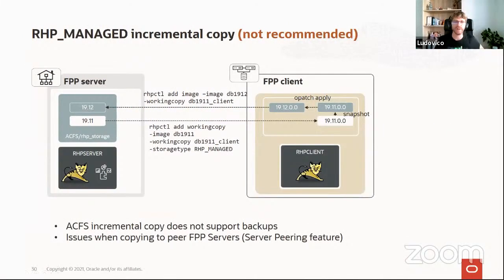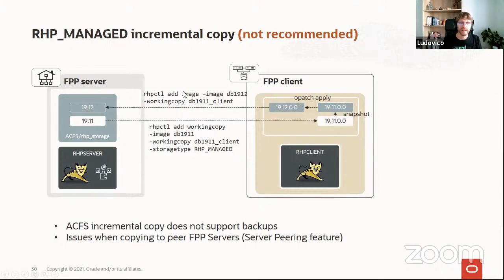So that allows to do this kind of workflow. You can have, for example, you start here with the 19.11 gold image. You can deploy this 19.11 image as a working copy on a client, and you will have this snapshot as Oracle Home. Now, if you patch in place yourself with patch apply and you patch to 19.12, you see that this is a read-write snapshot, and all the differences between 19.12 and 19.11 are contained in this snapshot.